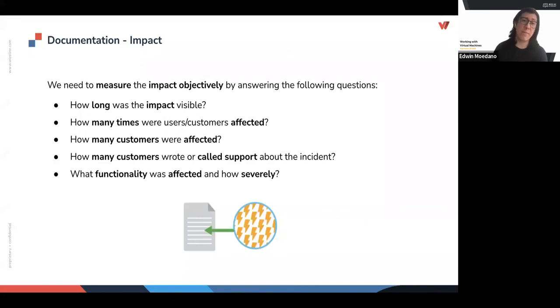And this is really important because we're dealing with people and people's data. So we need to make a summary of, hey, maybe 100 customers were affected because they were trying to upload their profiles or make a payment or a purchase in our system. How many customers wrote or called support about the incident?